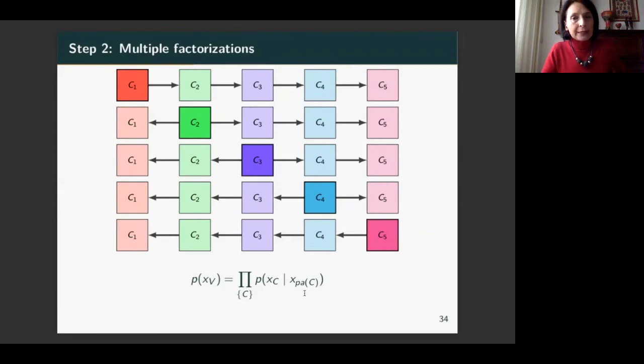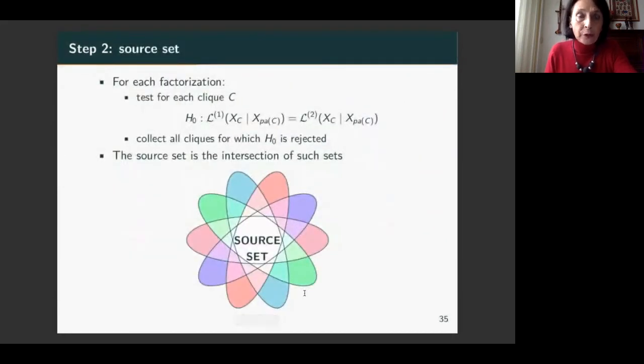Now, why do we look at all these factorizations? Because each of these factorizations gives a different perspective on the joint distribution, so tells different things. And we want to exploit information to the largest extent. So for each of these factorizations, and for each clique belonging to the factorizations, we test the hypothesis of equality of distributions of the cliques given their parent cliques.